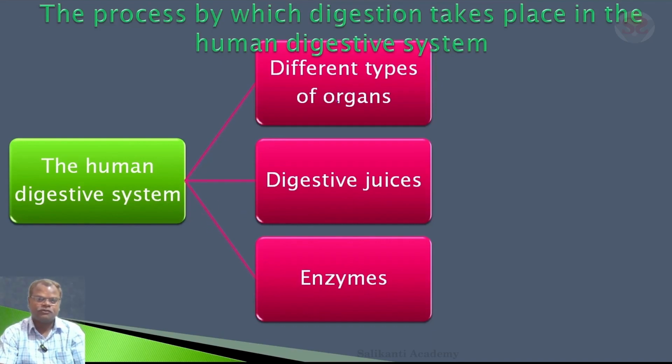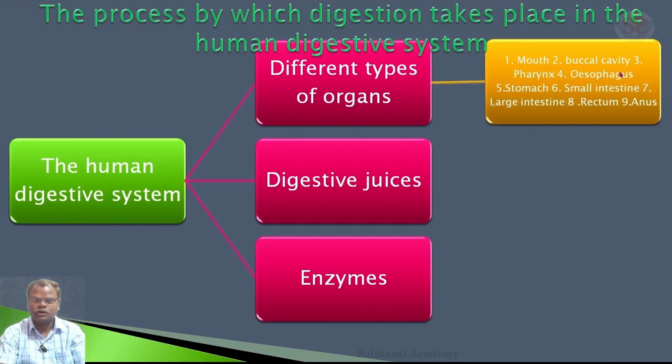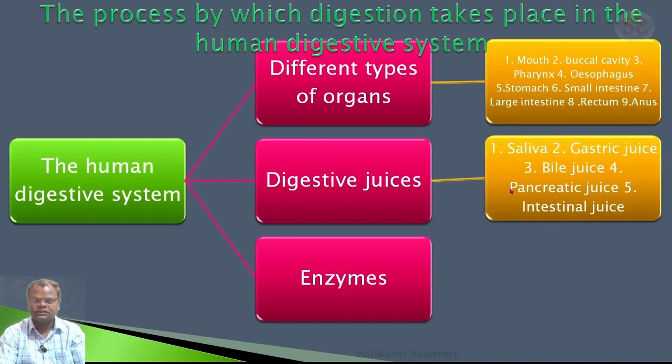First, the different types of organs present in the digestive system are mouth, buccal cavity, pharynx, esophagus, stomach, small intestine, large intestine, rectum, anus. The digestive juices present in the digestive system are saliva, gastric juice, bile juice, pancreatic juice, intestinal juice.